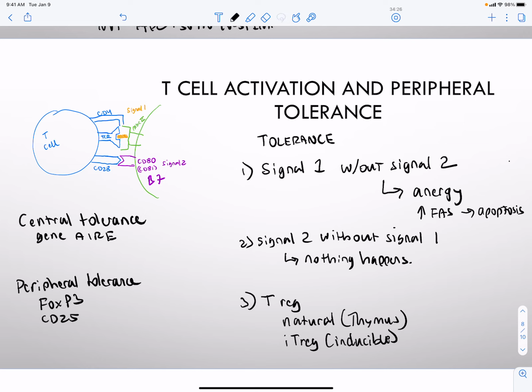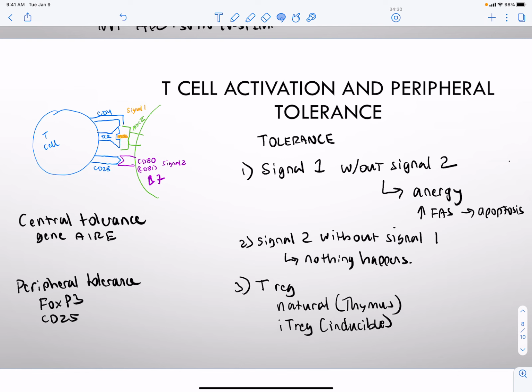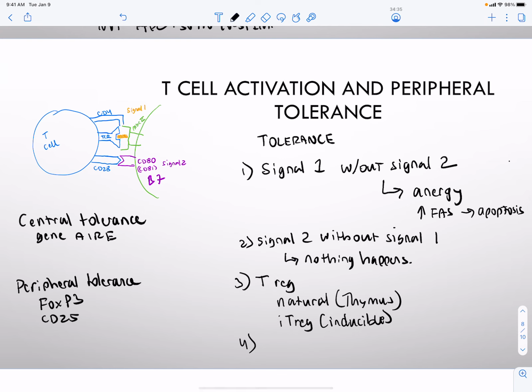Now another peripheral tolerance is going to be at the level of immune privileged sites. This basically means there are some areas of your body that your immune system just does not go to. So your immune system will not go into your brain, your eye, your testes or ovaries.